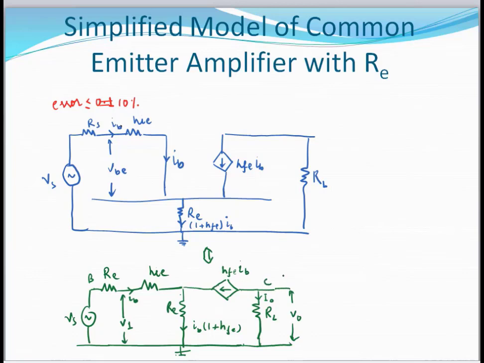This is the collector terminal. Here we have eliminated this point because it is not very relevant. So we simplified it: RE, HIE, and the current is flowing through this and inside the RE, and RL is the load resistance.